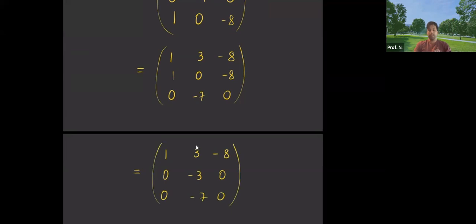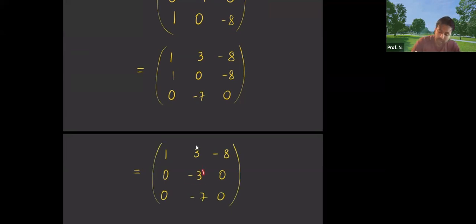Okay. And so then to get rid of that 1 here, I negate the first row and then add to the second, and I get 1, 3, negative 8. I get 0, negative 3, and 0. And I get 0, negative 7, 0. And then what do you notice?